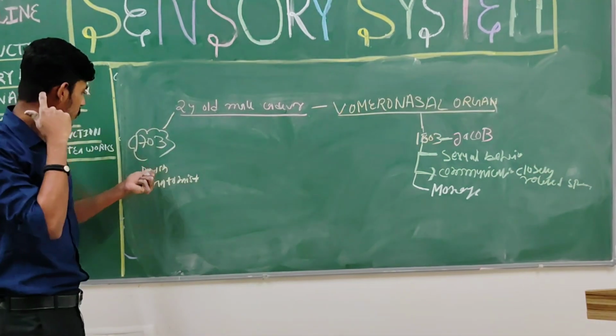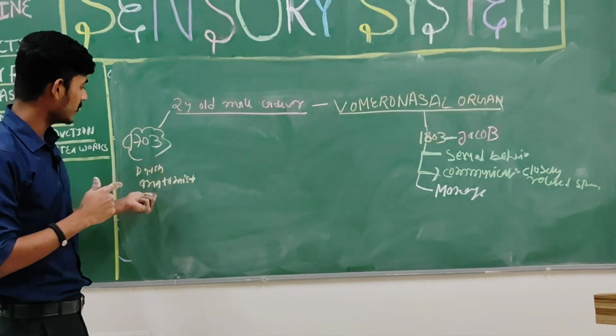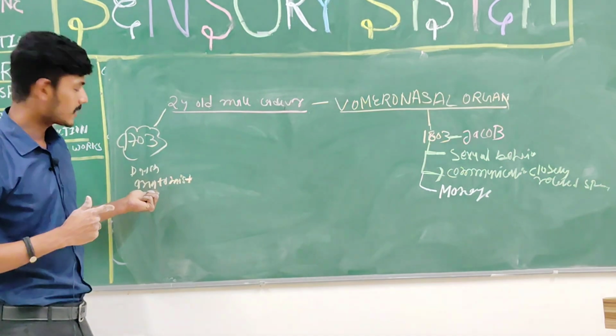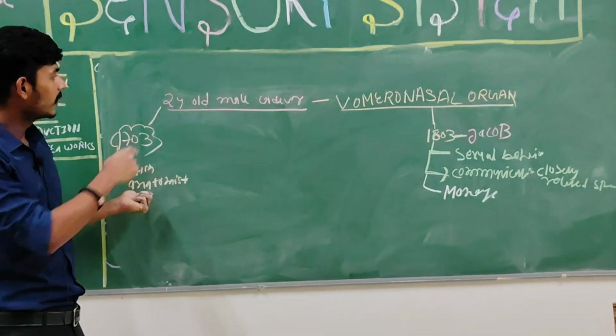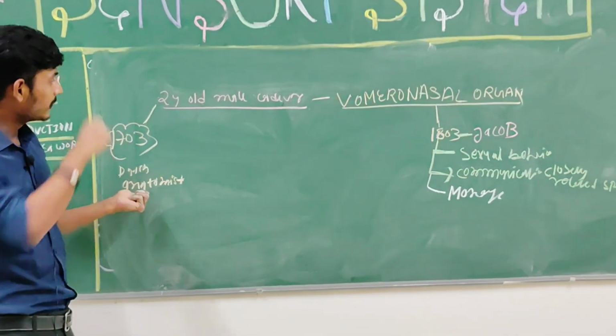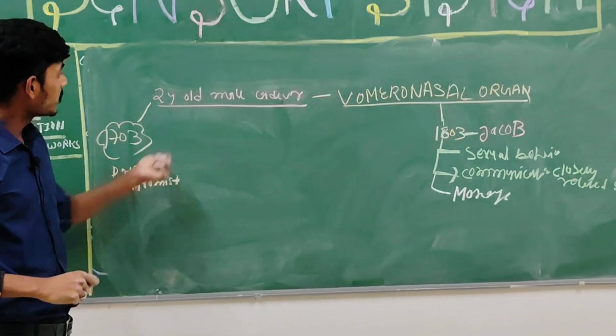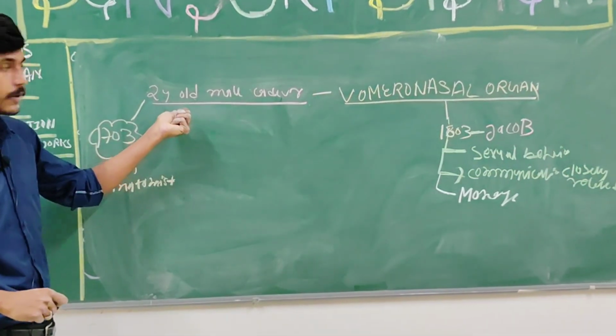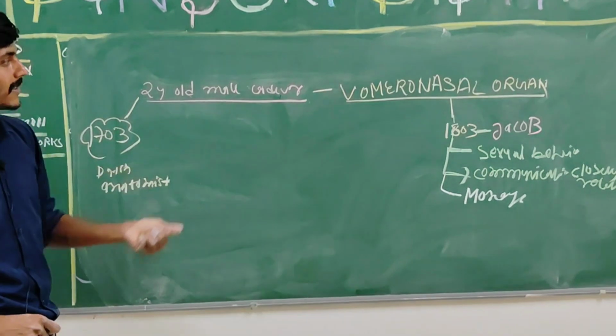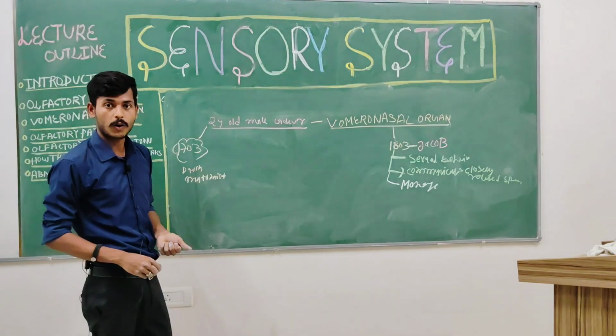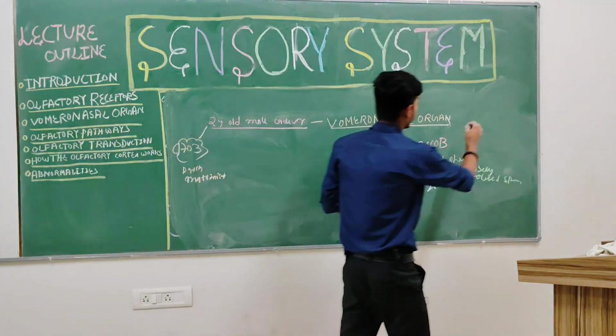Whereas in 1703, I forget the name, but I remember he was an anatomist performing the dissection in the anatomy lab on the 2-year-old male cadaver, and he found the existence of this vomeronasal organ in the nasal septum.